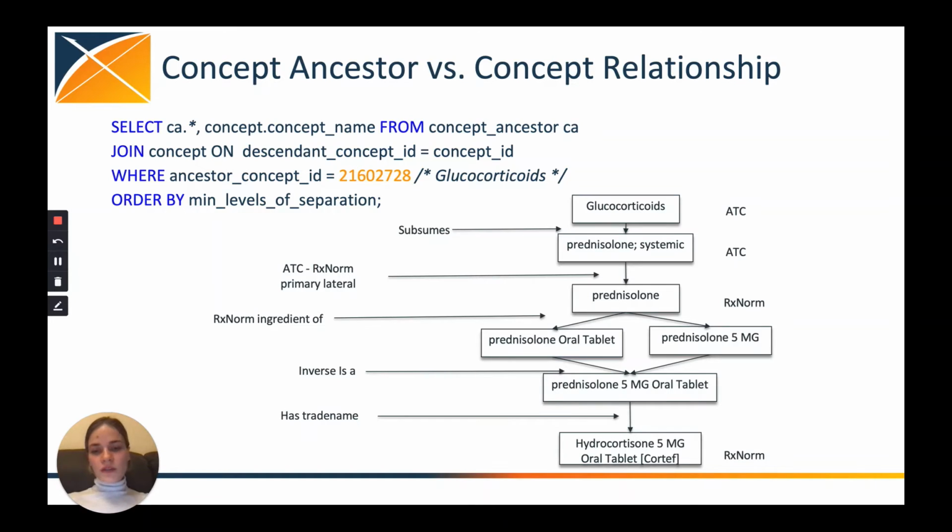And here's one of the examples where you can see that there are many relationships that actually form hierarchy. Unless you know all those relationships, you should not be trying to impute or construct the hierarchy from the concept relationship. Instead, you should go to the concept ancestor and use that table.